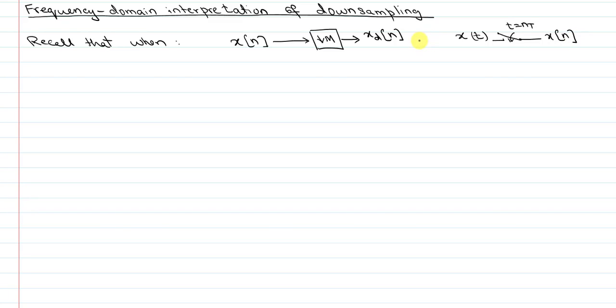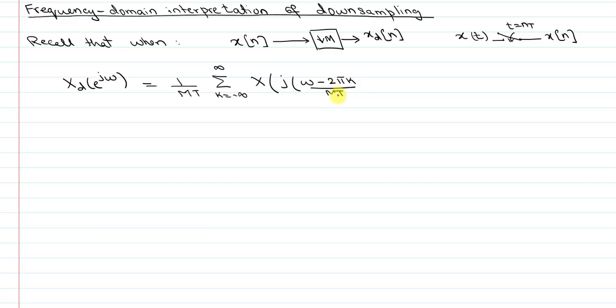When we have that, then we know that the DTFT of our downsampled signal is related to the original continuous time signal as follows. We have multiple copies, we have scaling of the amplitude, and we have scaling of the frequency axis, and so forth.